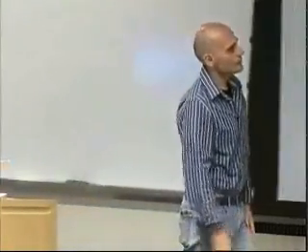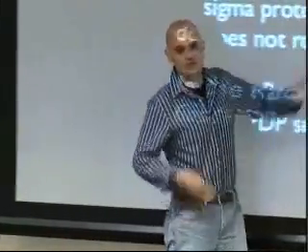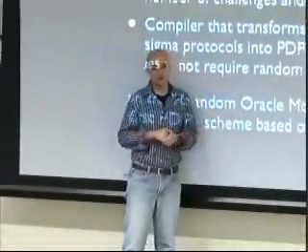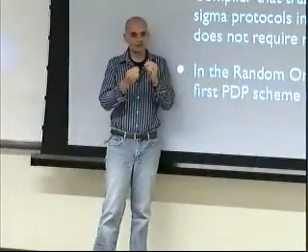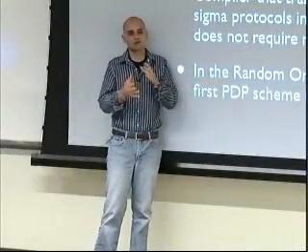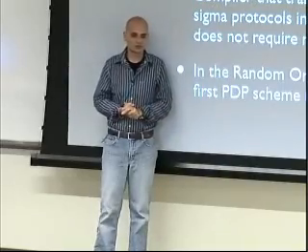Just to check, the compiler builds the PDP without random oracles, so where do you use random oracles? The transformation doesn't use any random oracle at all. But it just aggregates sigma protocols? Yes, but then the actual sigma protocol might require the random oracle.